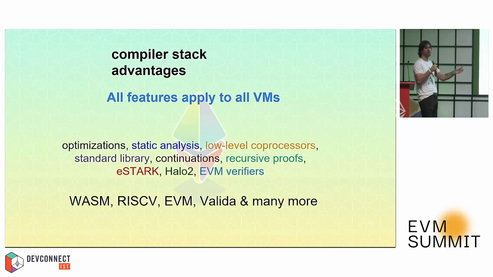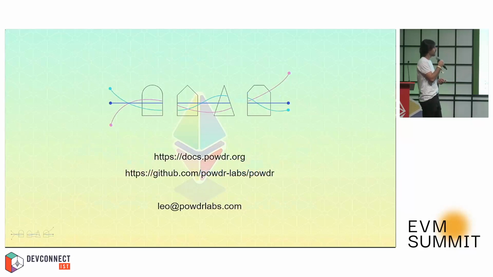All these things are available for any VM, and the VMs are actually defined by the user. So everything is available for any VM that's written for any purpose. So yeah, thank you.